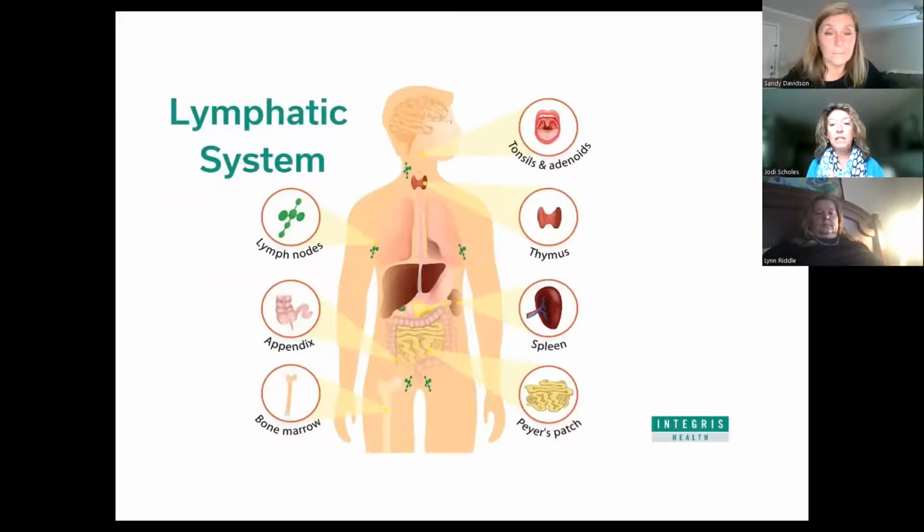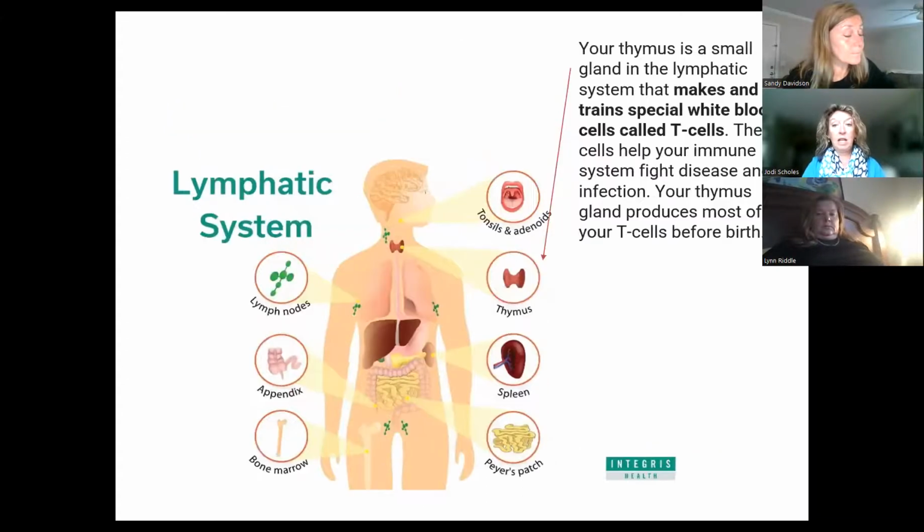So we've got the spleen, we've got the thymus, we've got the appendix, apparently. We're still not sure what it's there for. Lymph nodes, of course, your tonsils and your adenoids are in there. Bone marrow helps with the lymphatic system for an immune response. And just want to point out here, the thymus is not the thyroid, okay?